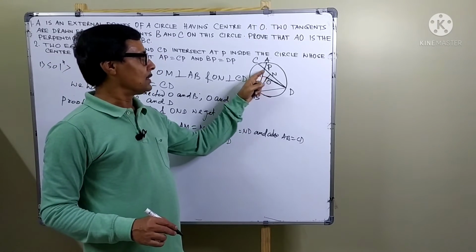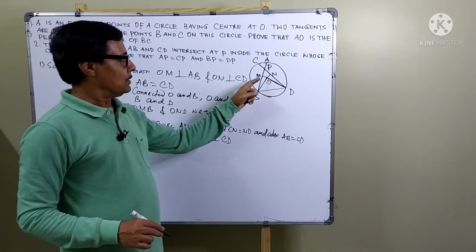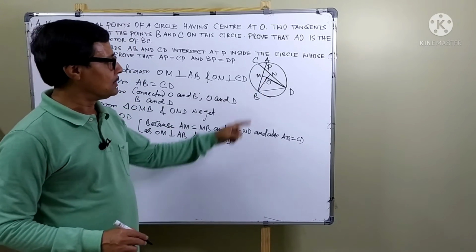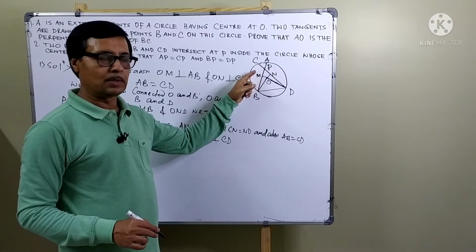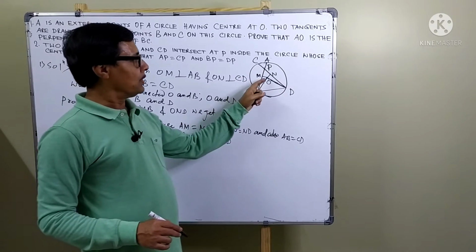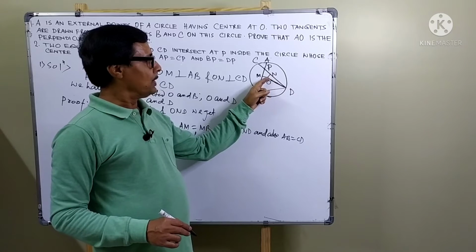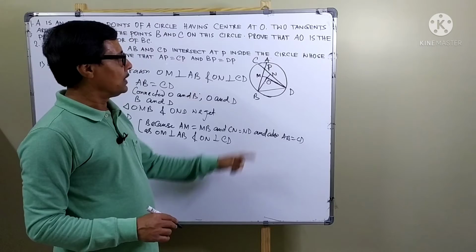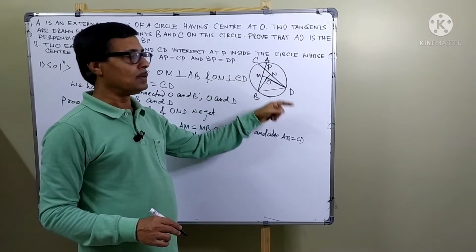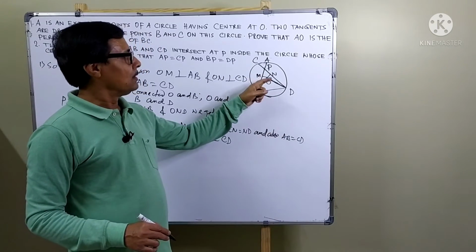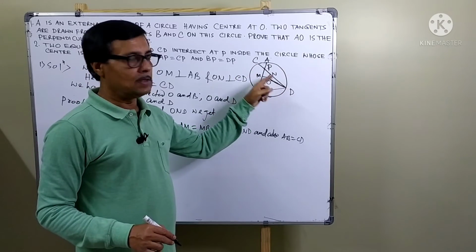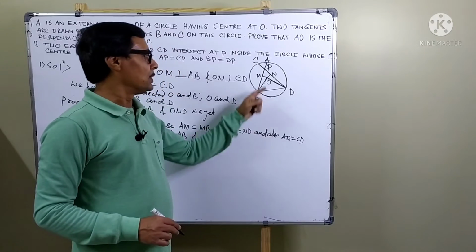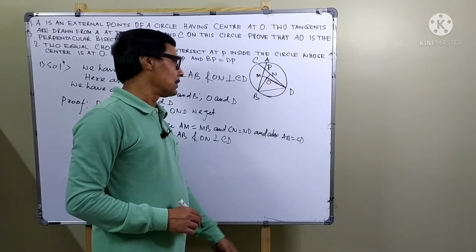And ON is a perpendicular drawn from the center to the chord CD, so ON bisects CD, that is, CN equal to ND.